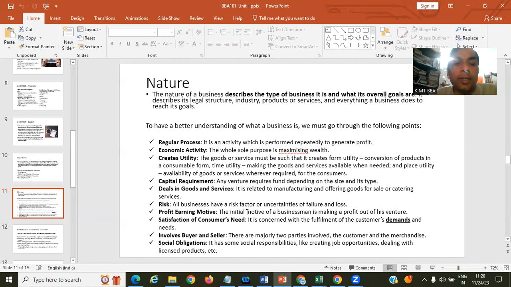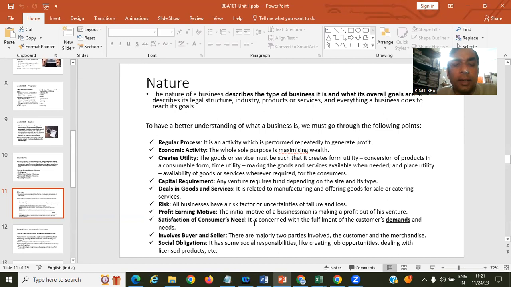But if you have a salary, you know at the end of the month you are getting salary. But in business, a lot of things are uncertain, a lot of things are risk based.